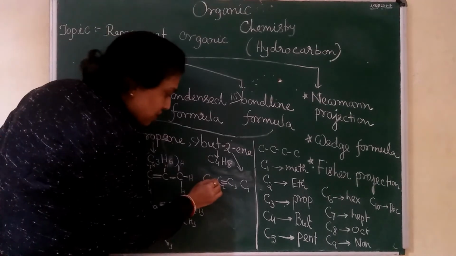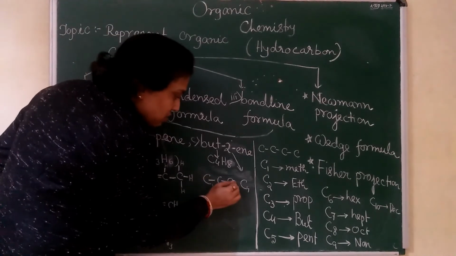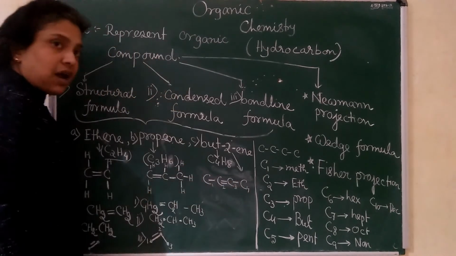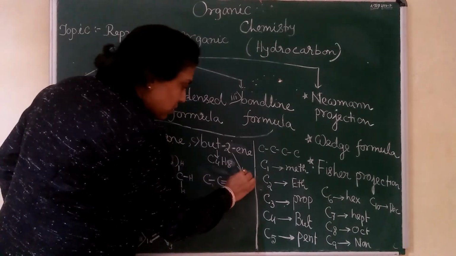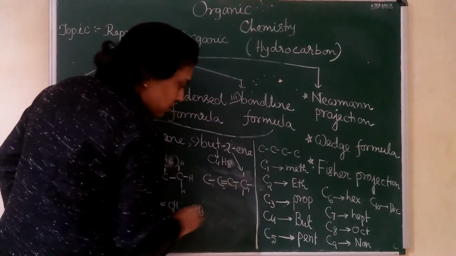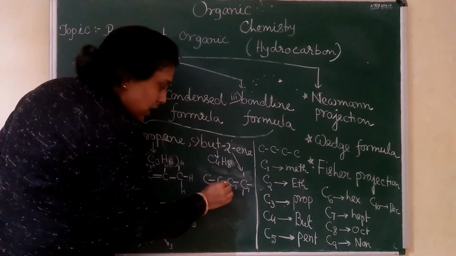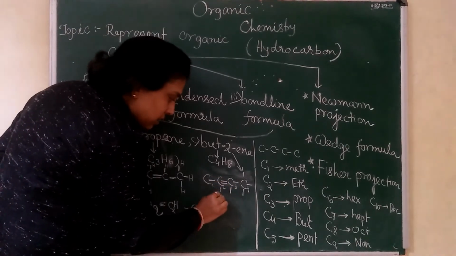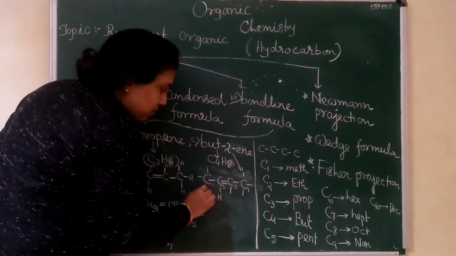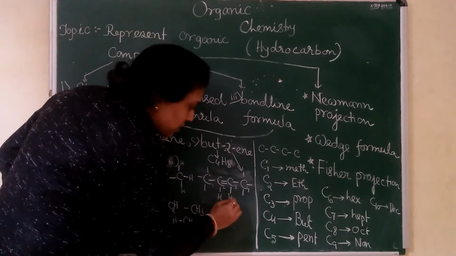Now hand satisfaction, or you can say you have to satisfy the 4 hands of carbon. 1 hand, 2 hands, 3, 4. Then 1, 2, 3, so only 1 hand, and 1, 2, 3, 1 hand. You have to satisfy it with hydrogen.